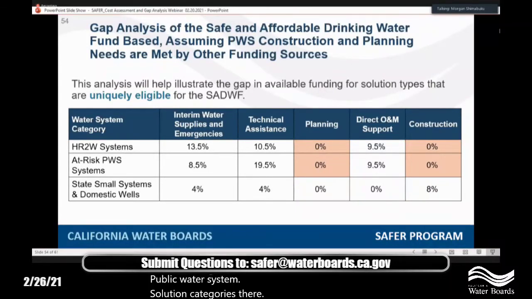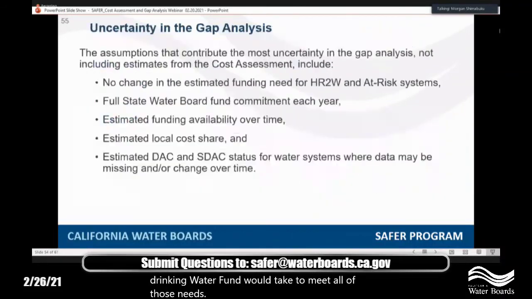And looking again, as if the Safe and Affordable Drinking Water Fund is addressing all of the interim water supplies and emergency needs, technical assistance needs, and direct O&M support, and seeing how long the Safe and Affordable Drinking Water Fund would take to meet all of those needs. And next slide. So that wraps up the 3 steps, and there is more detail in the paper.